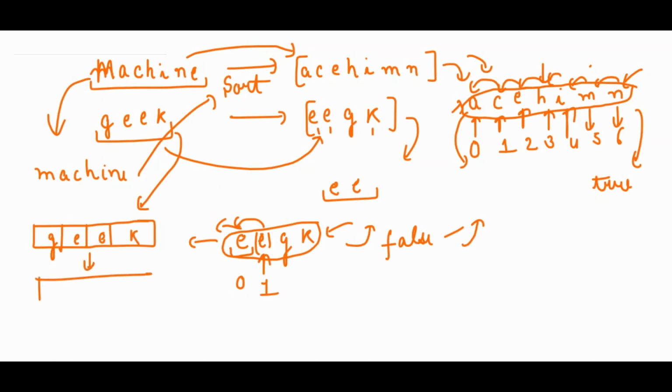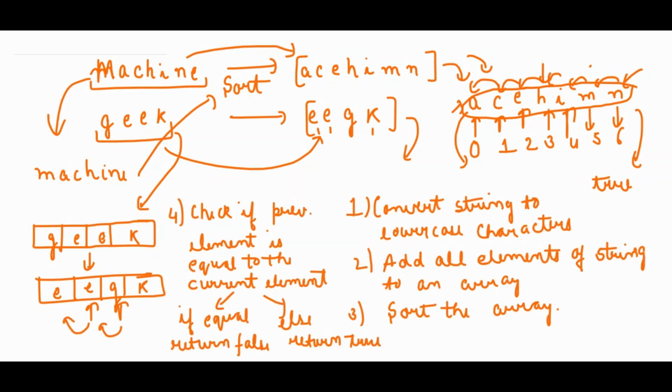It will become E, E, G and K, right? Then I will check for each element if they are equal to its previous element or not. So the steps that we have to follow is first convert the string to lowercase characters or uppercase characters. It's your choice.